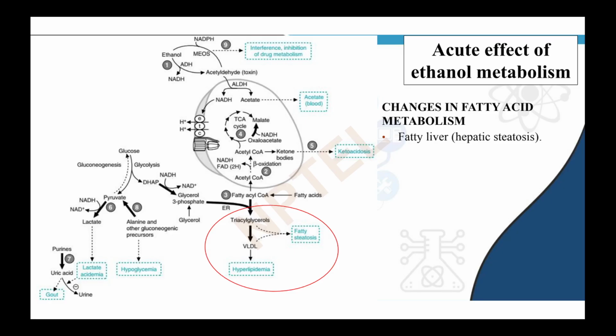These triacylglycerol and VLDL will enter the liver, and lipids will get deposited in the liver, leading to fatty liver or hepatic steatosis. So basically fat accumulation occurs due to high NADH during alcohol metabolism.